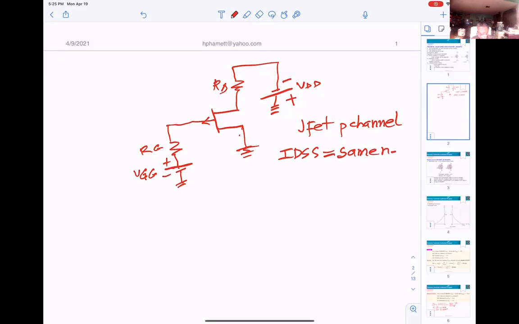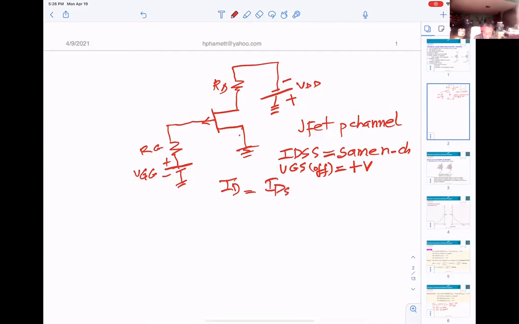And for the N channel, but VGS off will be positive voltage. That's the only difference. Anything else, same thing. That means the formula to calculate the current ID is still the same.